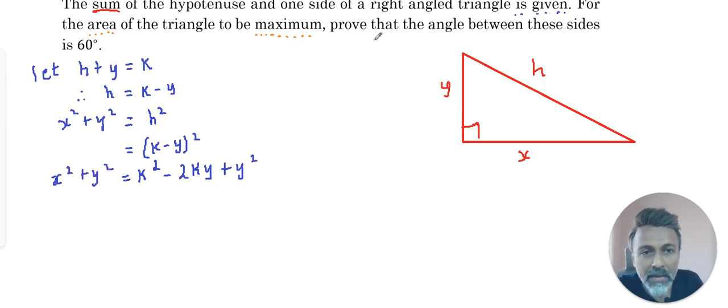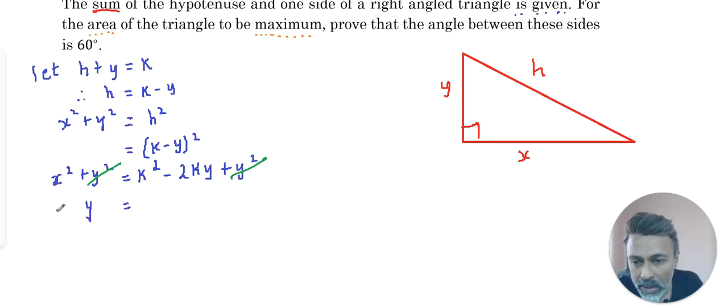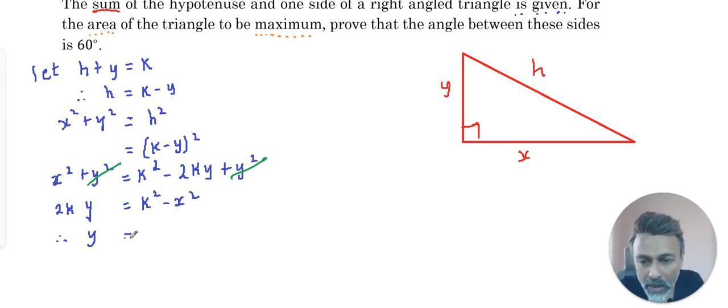We can cancel y square, so we get 2ky is equal to k square minus x square. Therefore y is equal to k square minus x square divided by 2k.